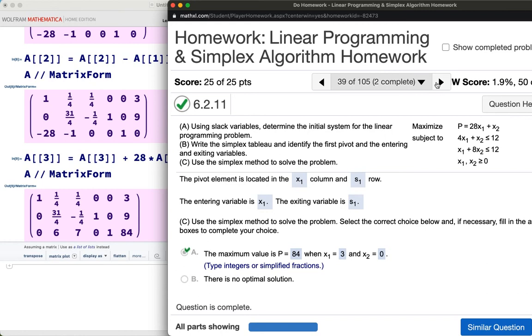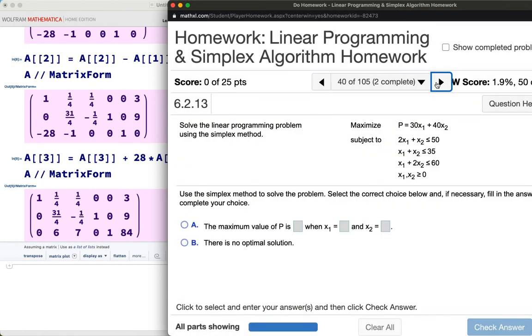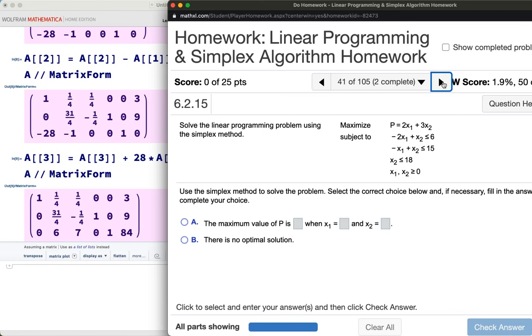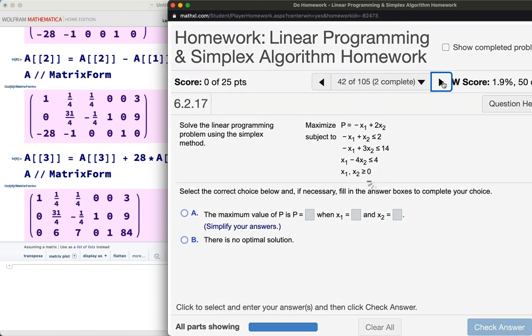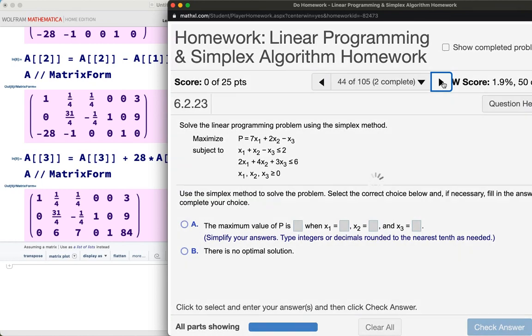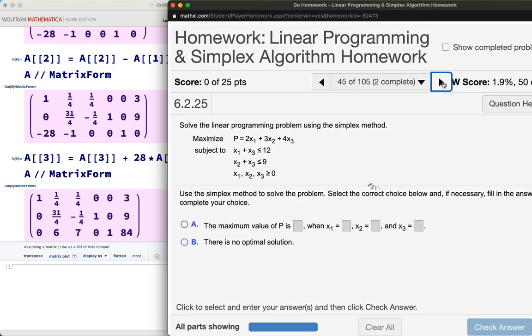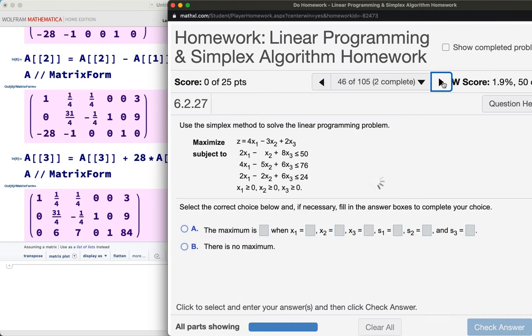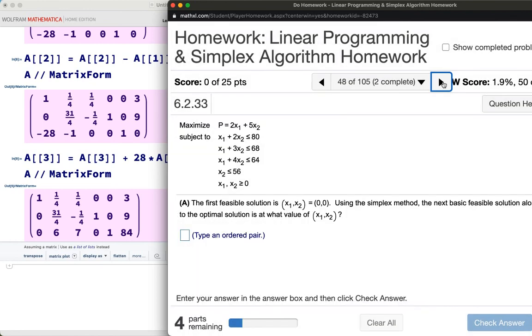Let's see. Let's do something kind of interesting, but I'd like to do a word problem. Where are the word problems? Okay, I don't see word problems here.